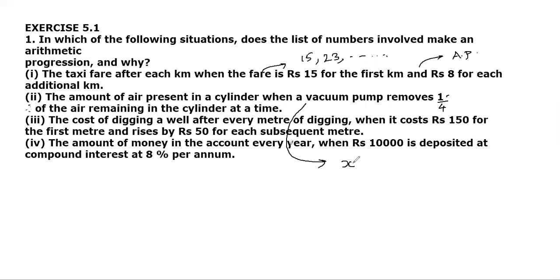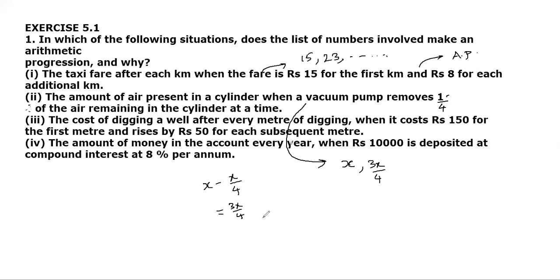The first time, 1/4 of x is removed. The next time, we have to remove 1/4 of the previous remainder, x minus x/4. So 4x minus x is 3x/4. After pumping one time, the air remaining will be 3x/4.